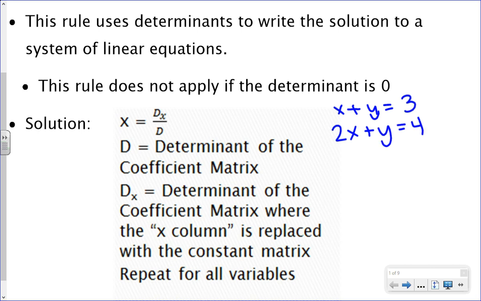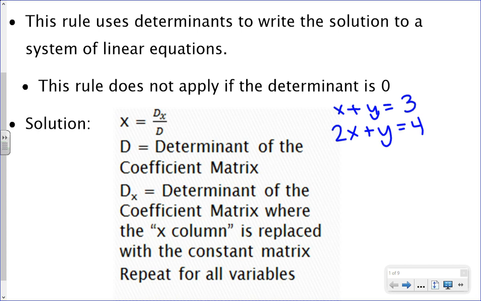So what I mean is our coefficient matrix would be 1, 1, 2, 1. If we go here to find the determinant of x, then we're going to take the x column and replace it with 3, 4. Then we would have a different matrix to find the determinant of. If we were solving for y, we would do the same thing, but we would replace the y column with those constants.